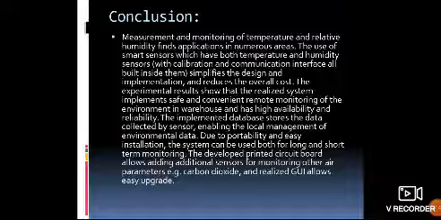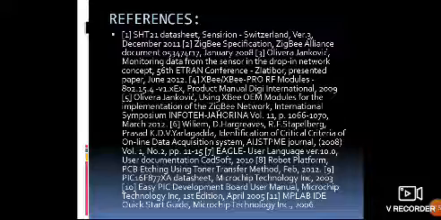The developed printed circuit board allows adding additional sensors for monitoring other air parameters, for example carbon dioxide. The realized GUI allows easy upgrade.